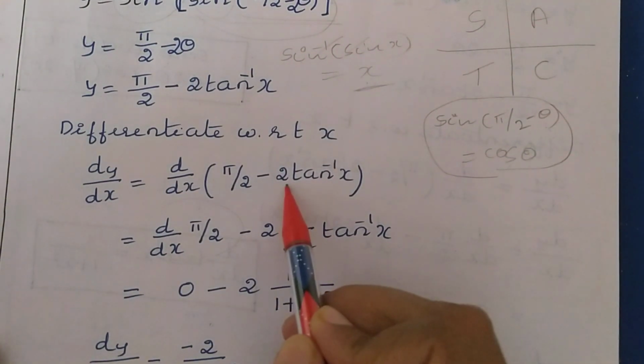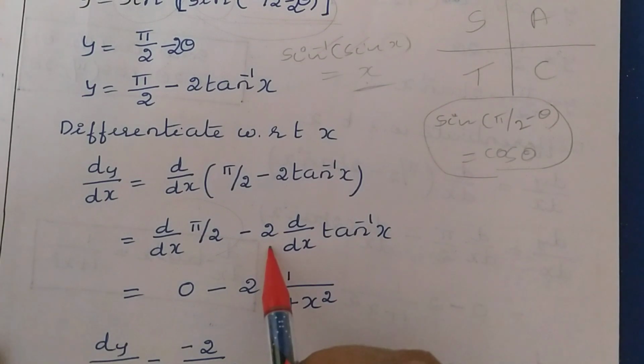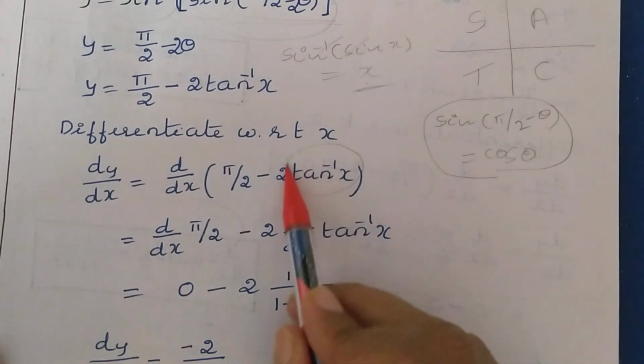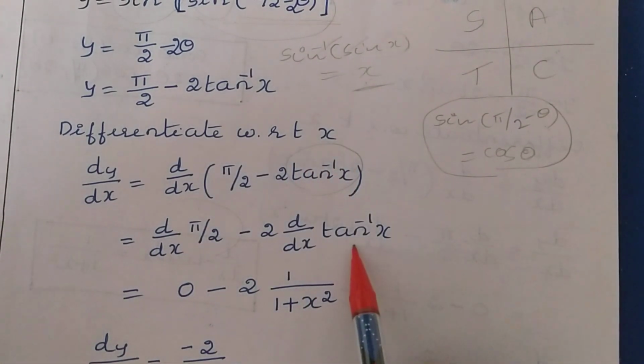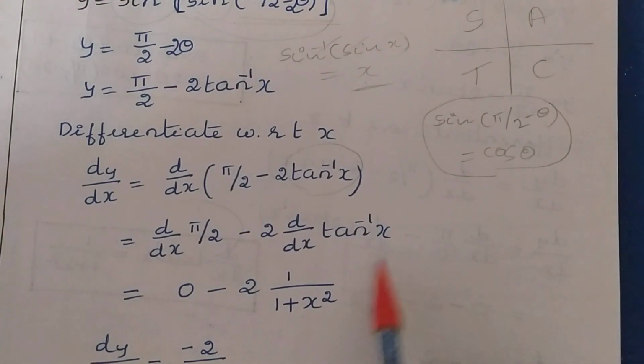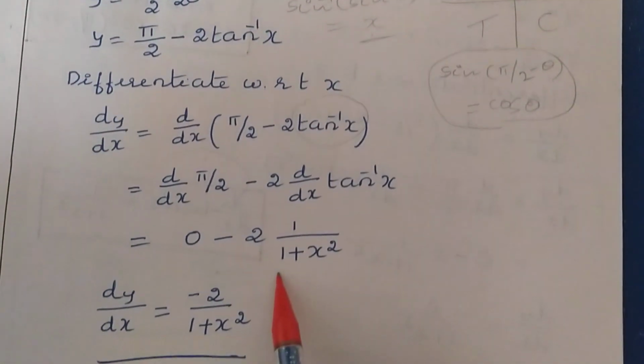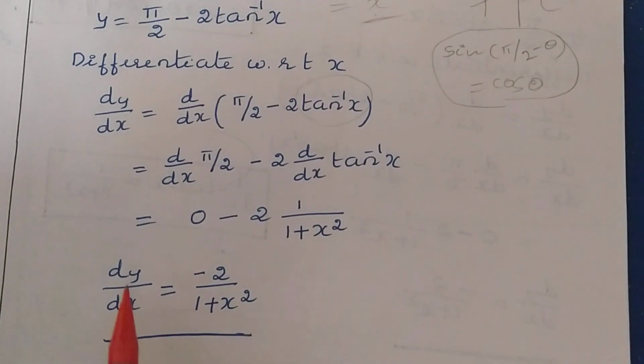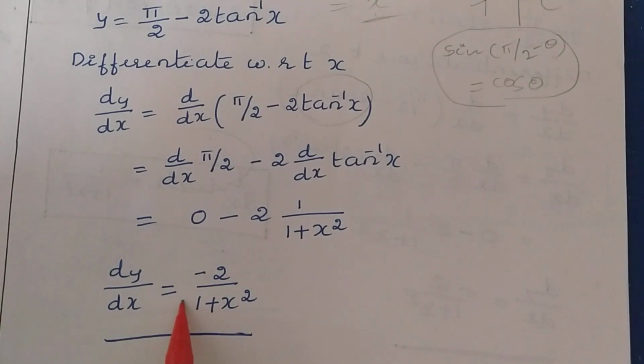Then we have a constant 2 that you can take out and apply the derivative to tan inverse x. Tan inverse x derivative is 1 by 1 plus x square. So here we get the final answer: dy by dx is equal to minus 2 divided by 1 plus x square.